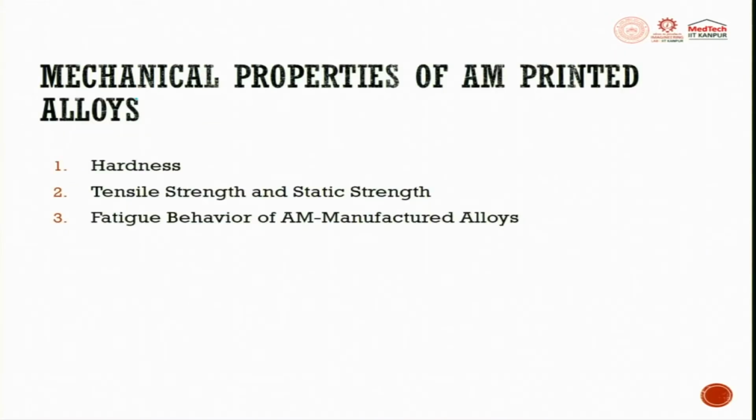When we talk about evaluating the mechanical properties, we generally start with hardness, tensile strength, static strength and fatigue behavior of the additive manufactured alloy. Why is this important? Because in metal additive manufacturing we talk about a layer by layer approach, and in layer by layer we try to introduce anisotropic behavior.